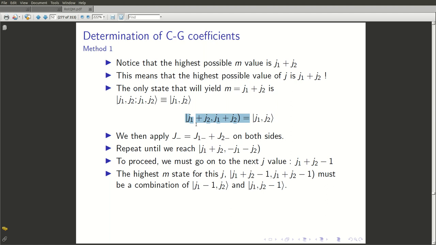Now if you compare that state with this one, they correspond to different eigenvalues of the Hermitian operator J square. This one corresponds to J1 plus J2 into J1 plus J2 plus 1. This one corresponds to J1 plus J2 minus 1 into J1 plus J2 minus 1 plus 1. There's of course an h cross square. This means that these two states must be orthogonal, and using that we can figure out exactly which linear combination of these two states we are talking about.